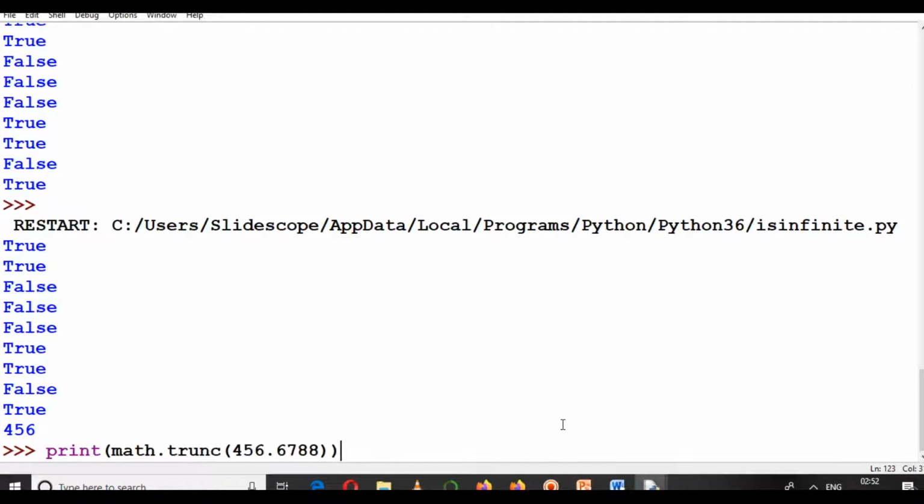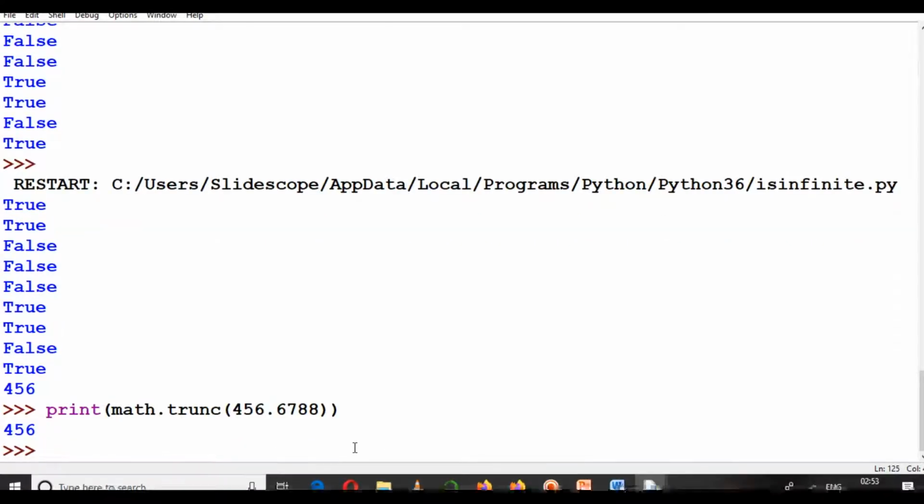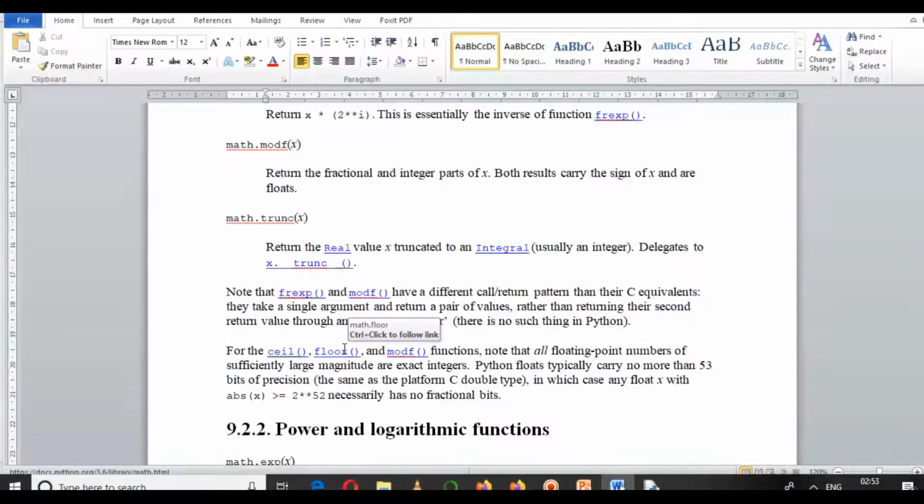We have to print math.trunc(456.6788). You can see the integer part is 456, the fractional part is 0.6788. So when you print it, the fractional part will be removed. Now for the ceil, floor and modf functions, you should note that all floating point numbers of sufficiently large magnitude are exact integers. So the work of this particular function again is to give us the integer part from a given value which has some fractional value as well.